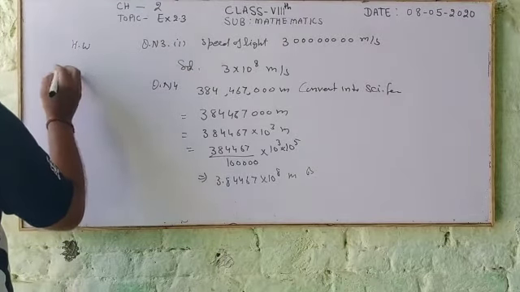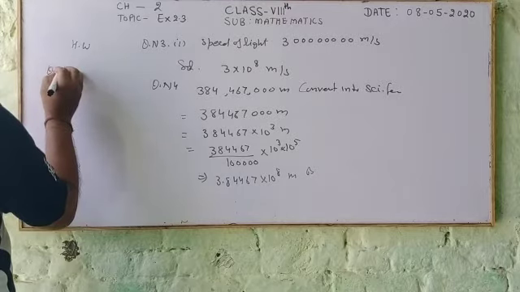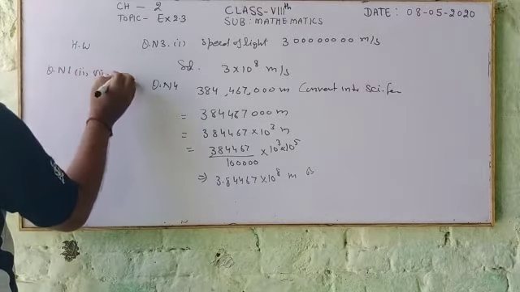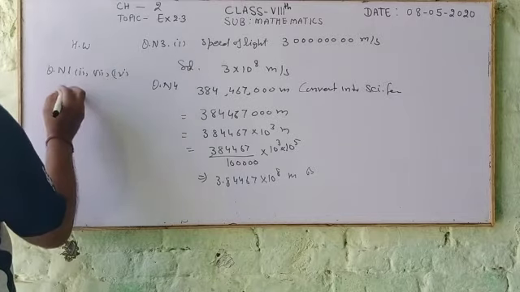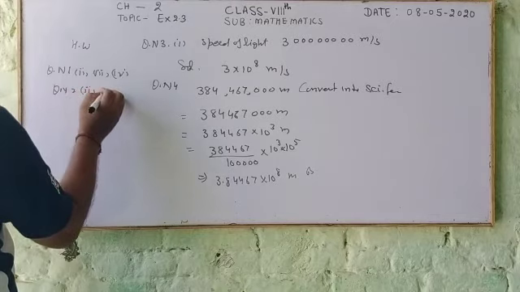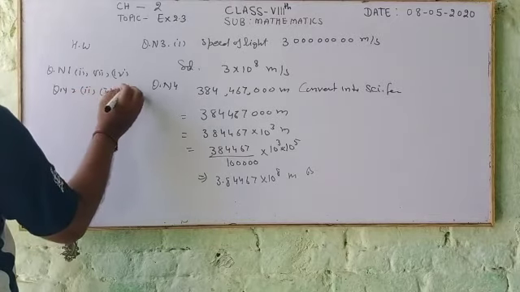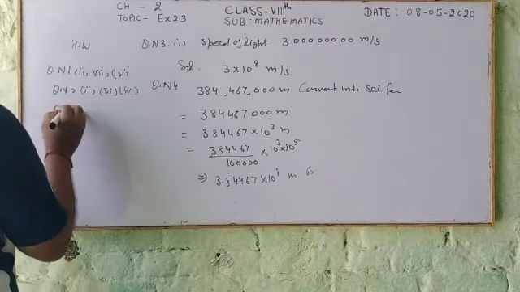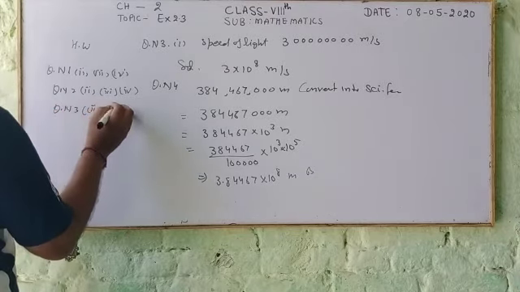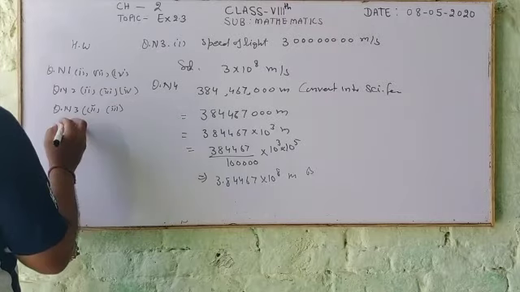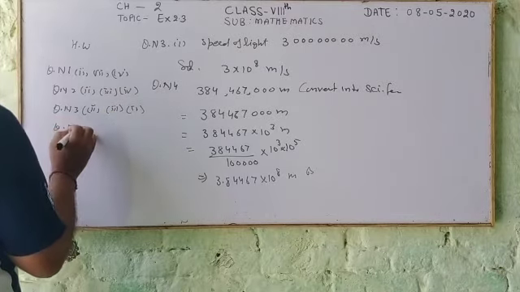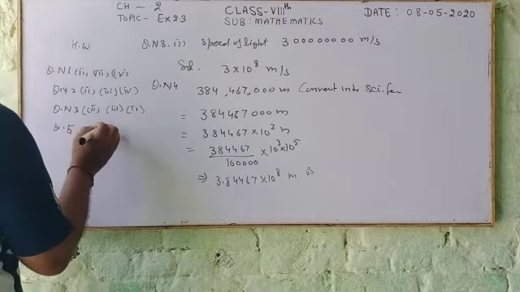At last we give some homework. Students, complete question number 1, second part, third part and fourth part. Question number 2, second part, third part and fourth part. Question number 3, second part, third part, and question number 5 and question number 6.